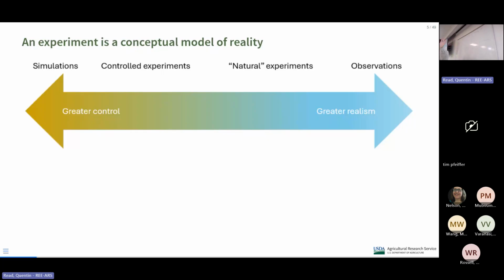And then there are what some people call natural experiments, where even though you didn't, as the experimenter, randomly assign treatments to experimental units, you can treat it as if it was random. Kind of like Brian's situation where some aquaculture tanks got a disease outbreak.